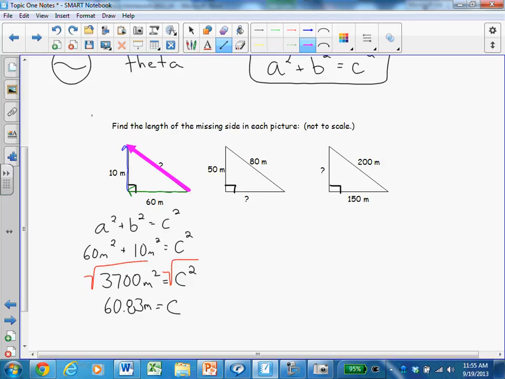Anyways, this formula on your reference packet, it looks like I had it in my hand. What did I do with it? It's my old one.